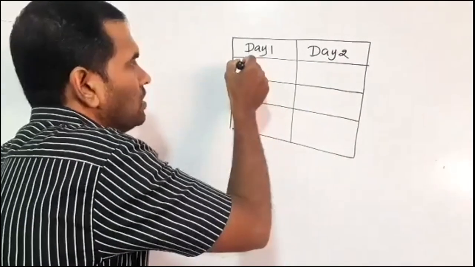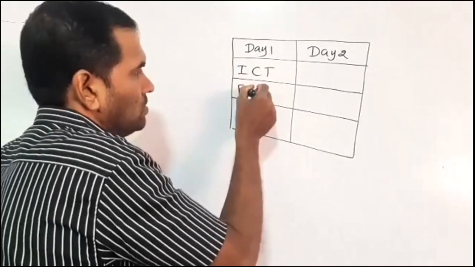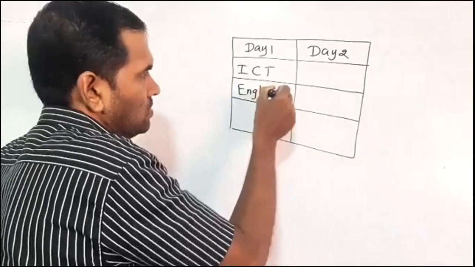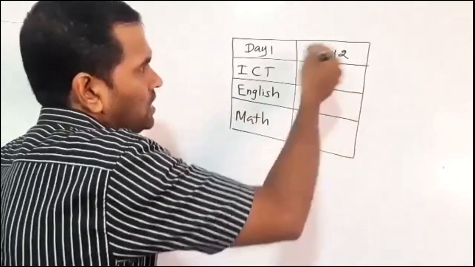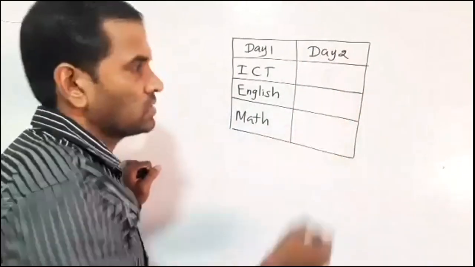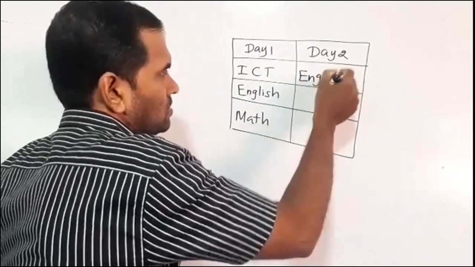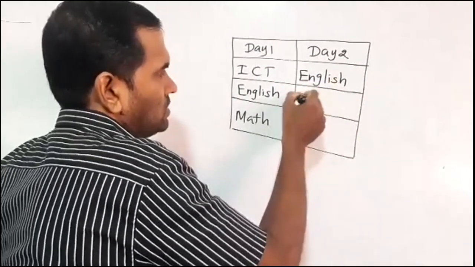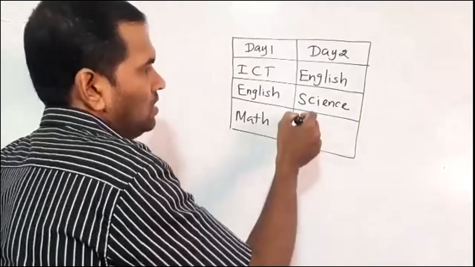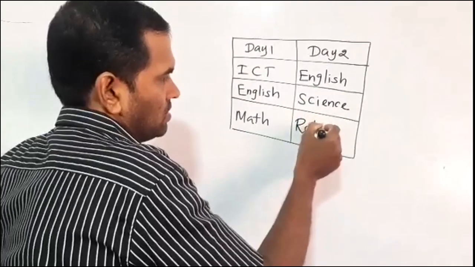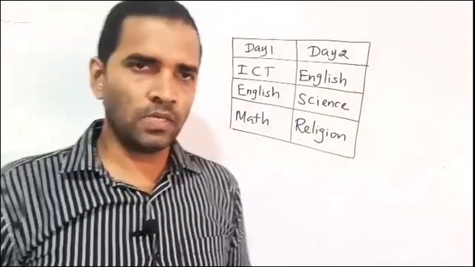So let's say ICT, English, maths. Day 2 also we have 3 subjects. Let's say English, science, and religion. Okay, so this is a small table.